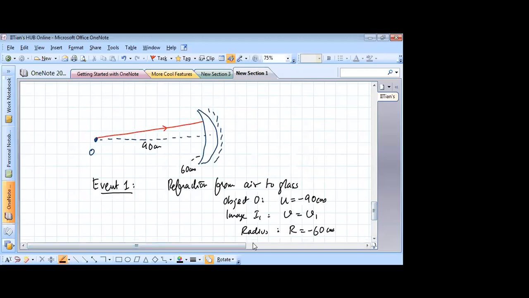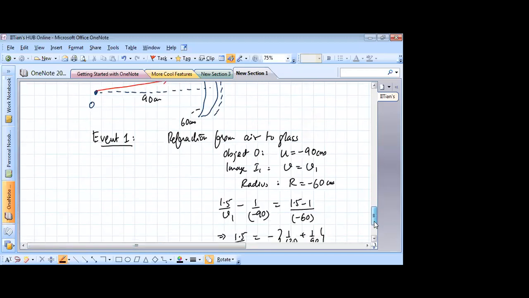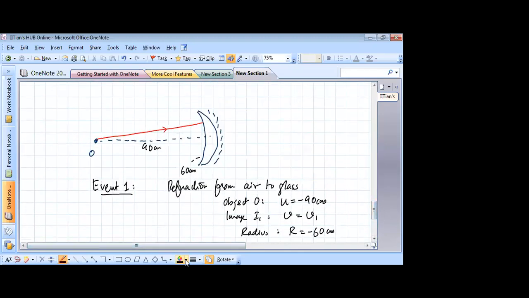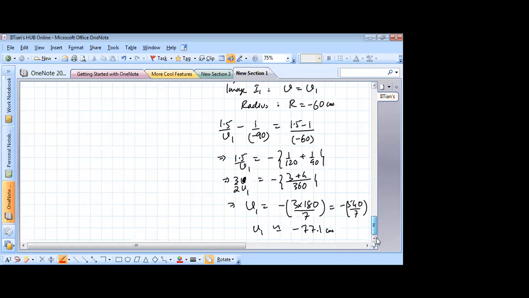Okay. So this is our v1. That means what is happening? The light is bending a little bit like this. It has to be coming from somewhere here. So go through this once, it seems to be correct.